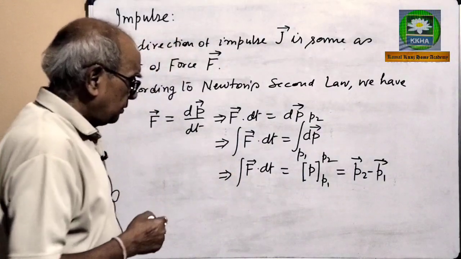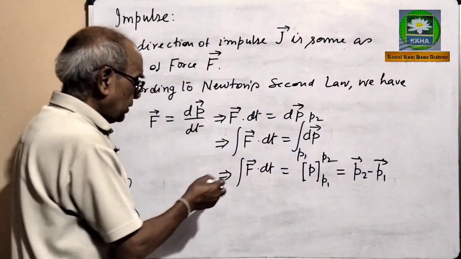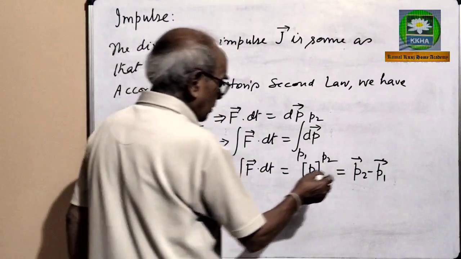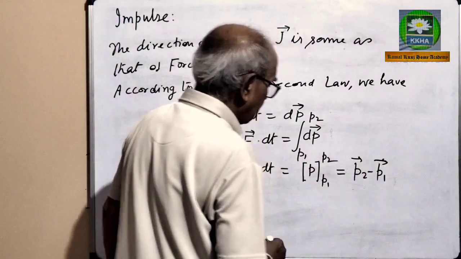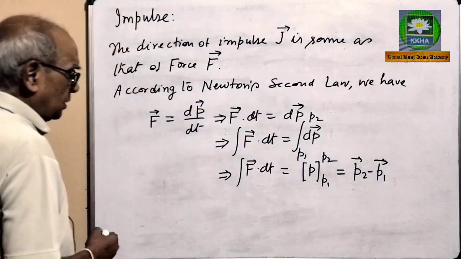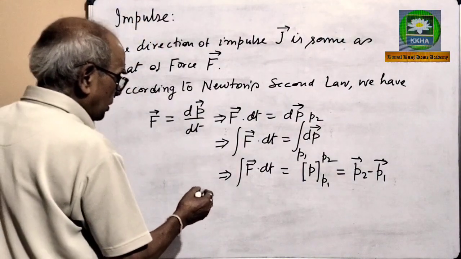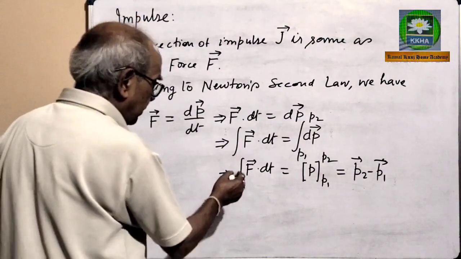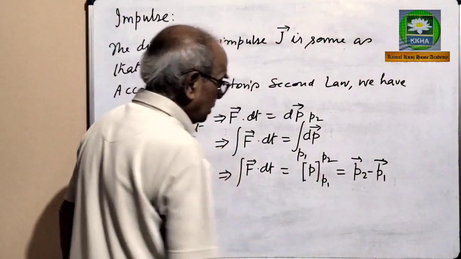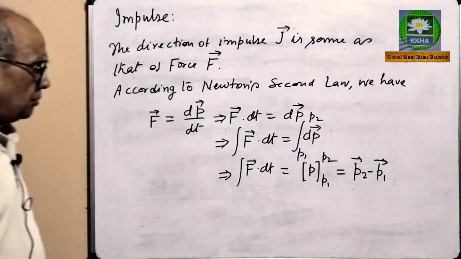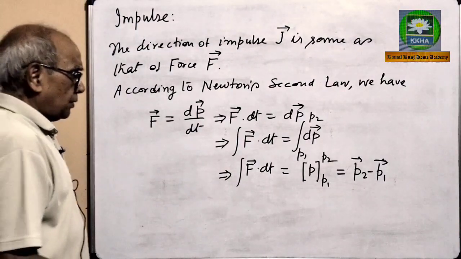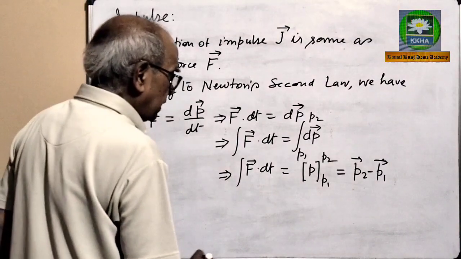Here force is variable, so impulse of variable force is equal to change in momentum. So another way, impulse is measured by change in momentum produced by a force in a given time.